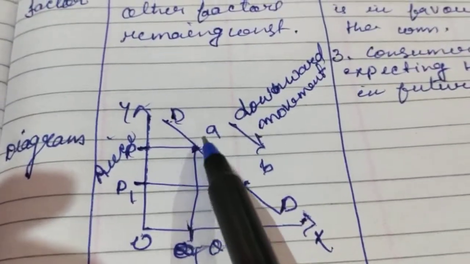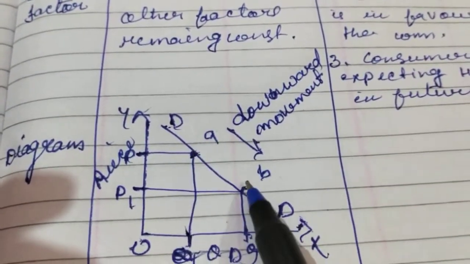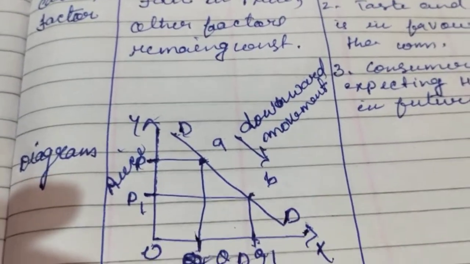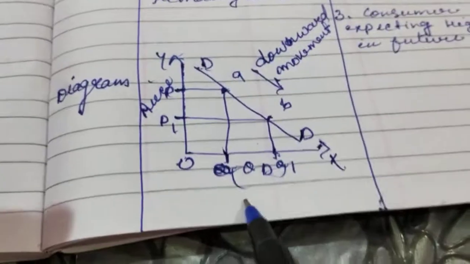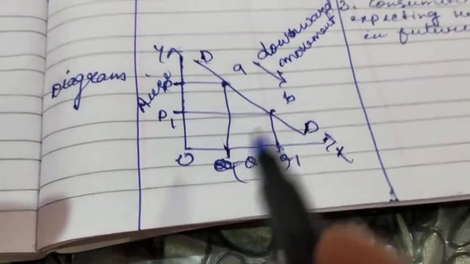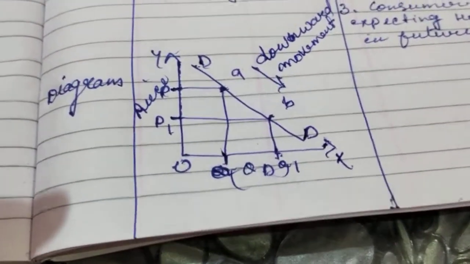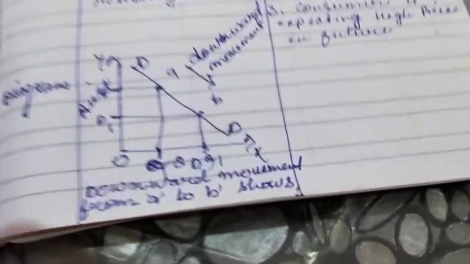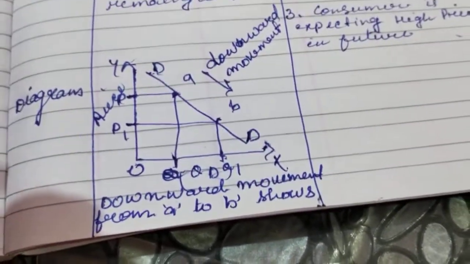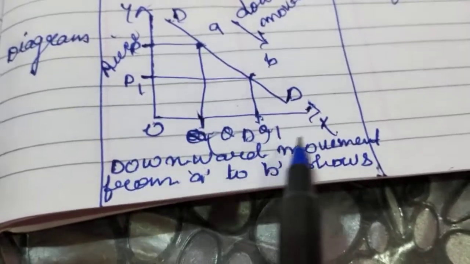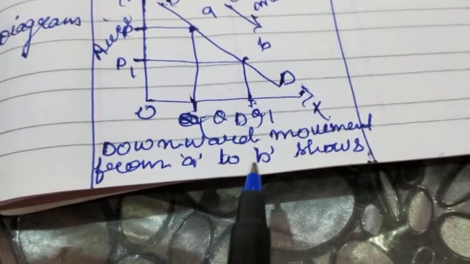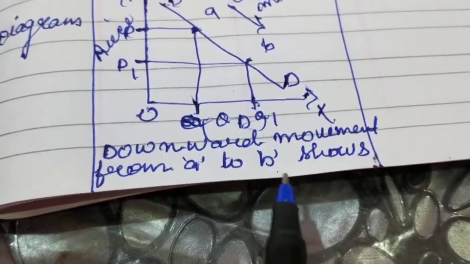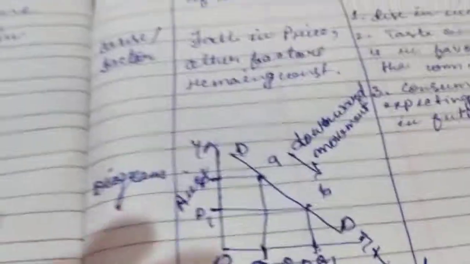That's why the point is moving downward from A to B, which shows extension of demand. So below the diagram you have to write: downward movement from A to B shows extension of demand. This is the diagram. Is it clear?